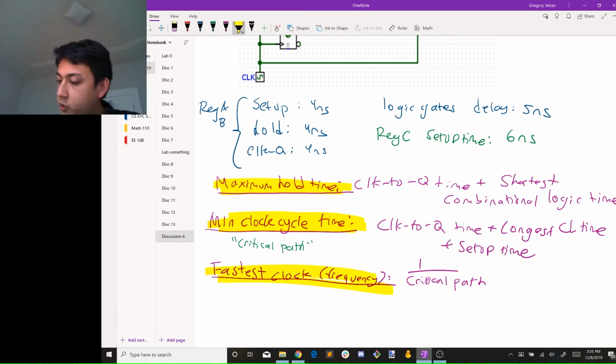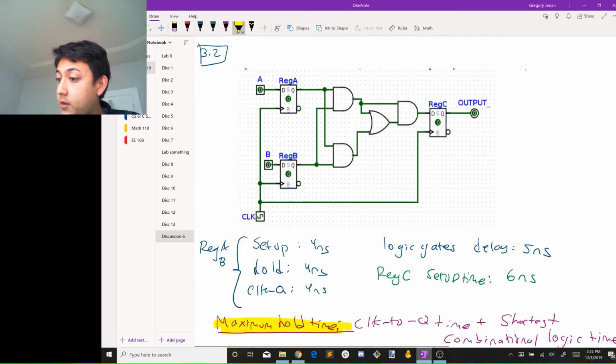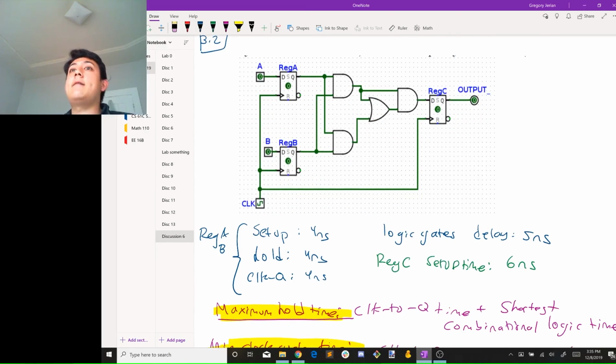So with this knowledge in hand, now we can solve this problem. The maximum allowable hold time is just the clock to queue time plus the shortest combinational logic time. The clock to queue time of register A, because that's what we're leaving, that's what we're propagating out of, or register B, we know that both of them have a clock to queue time of 4 nanoseconds.